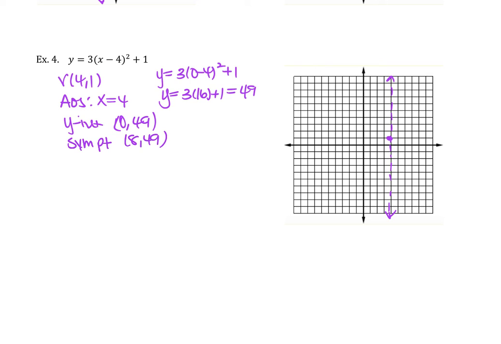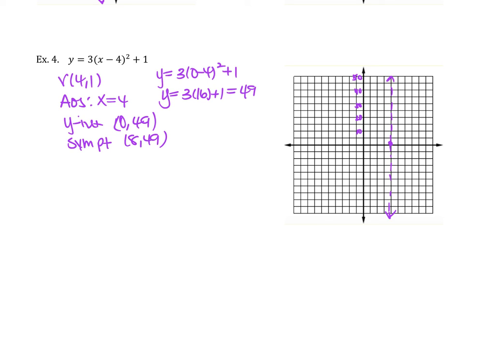So if you would like to, we can adjust our scale so that I can actually plot that. Let's see, I'm going to erase my vertex, and I'm going to change my scale here. Let's do it by fives. So this will be 10, 20, 30, 40, 50. So (4, 1) is going to be really close to my x-axis.